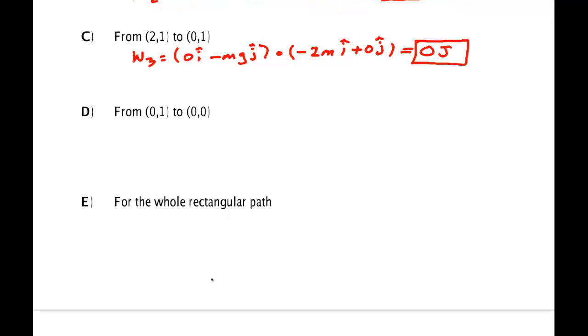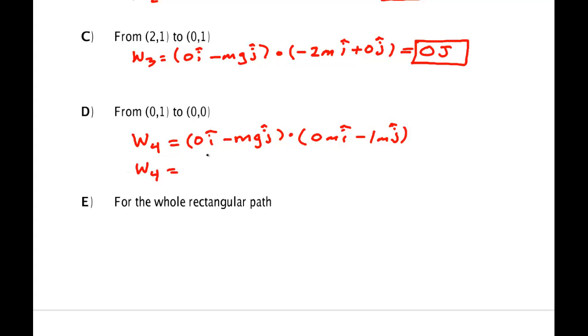And along the fourth path, we have 0 i hat minus mg j hat, and then I dot that with a displacement where I'm not changing x, but y is going from 1 to 0. That's minus 1 meter j hat. So 0 times 0 is 0.